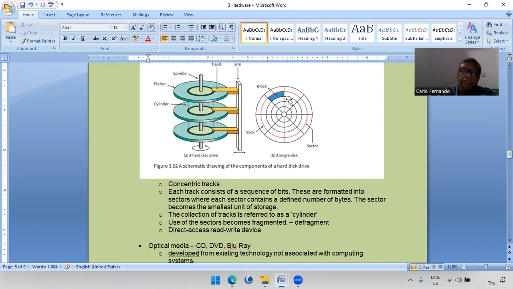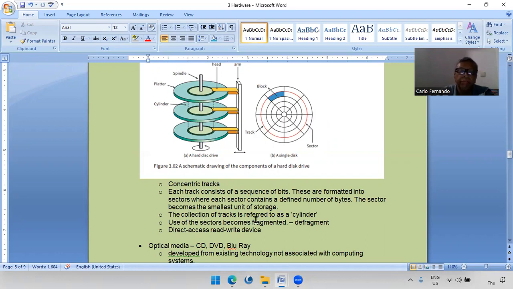Concentric is one center, and not a spiral either, separate tracks without touching each other. Each track consists of a sequence of bits. These are formatted into sectors, where each sector contains a defined number of bytes. The sector becomes the smallest unit of storage. So this sector is the smallest unit of storage.